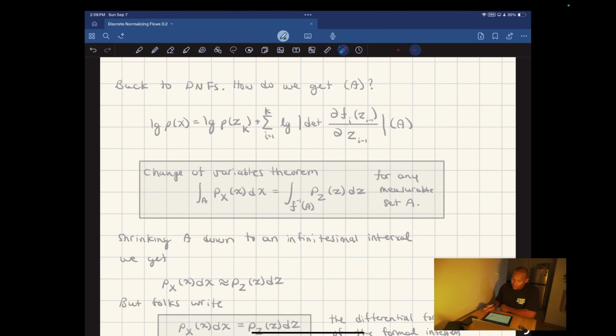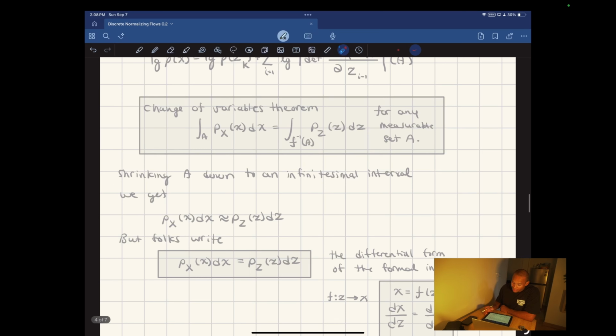The change of variables theorem is basically the probability conservation that I was describing. For any measurable set A, and this is the inverse, this is basically applying the inverse map to A. So this space is just applying the inverse of F to A, and so it's a different space. It's a post transformation space.